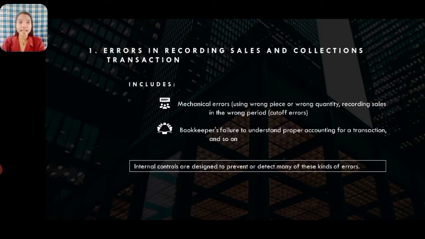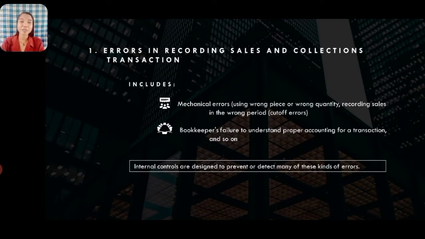On the other hand, when we say recording sales in the wrong period, for example, you are recording transactions for the current year, but accidentally or unintentionally, you have included transactions from the past 15 years, which is not accepted.